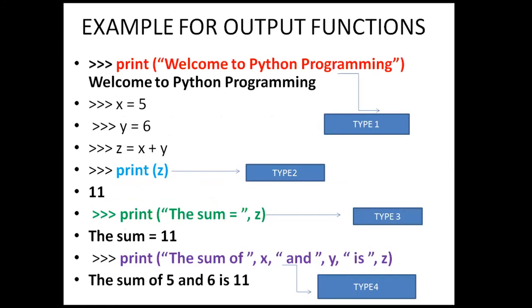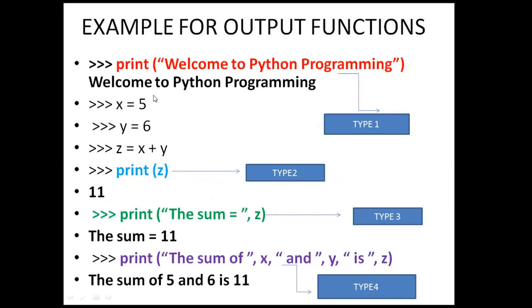Type 1: print, open the bracket, within double quotes, I have given welcome to Python programming. Whatever is given within double quotes in your print will be printed as it is on the screen. So we'll get the output like this, welcome to Python programming.